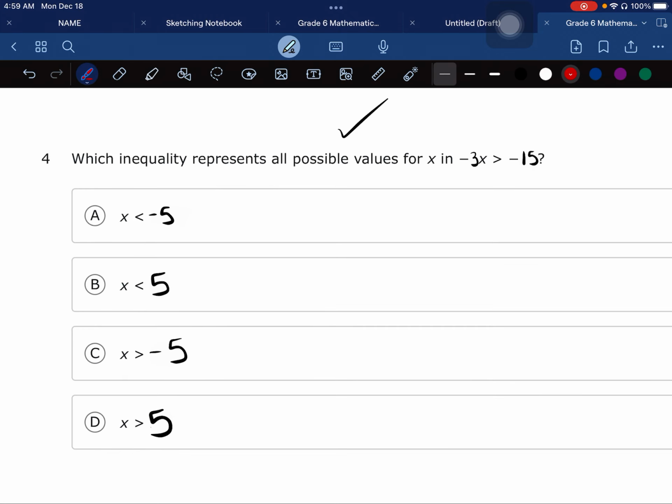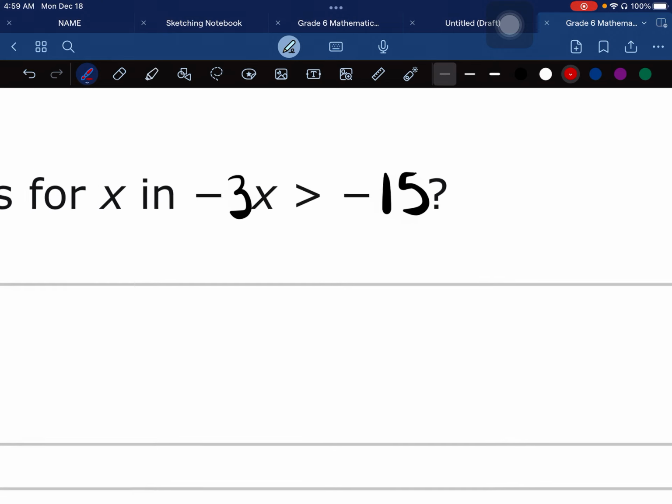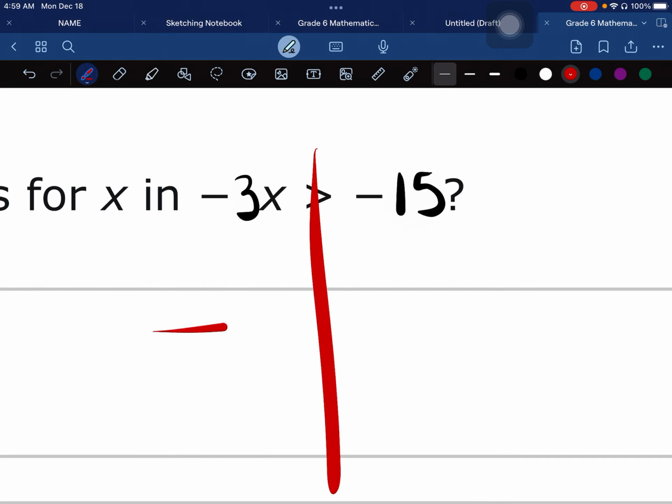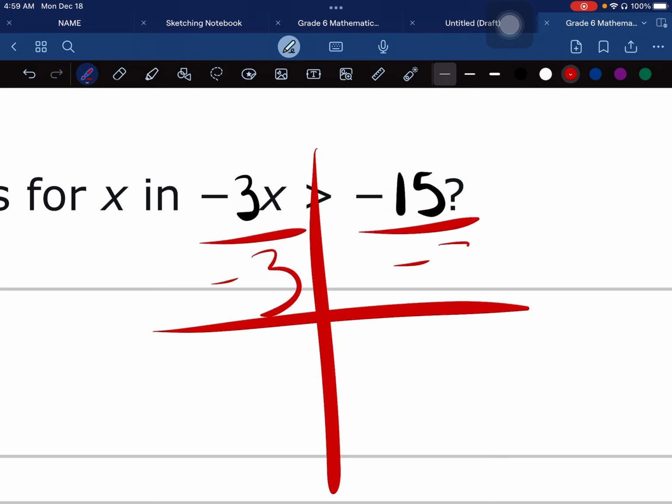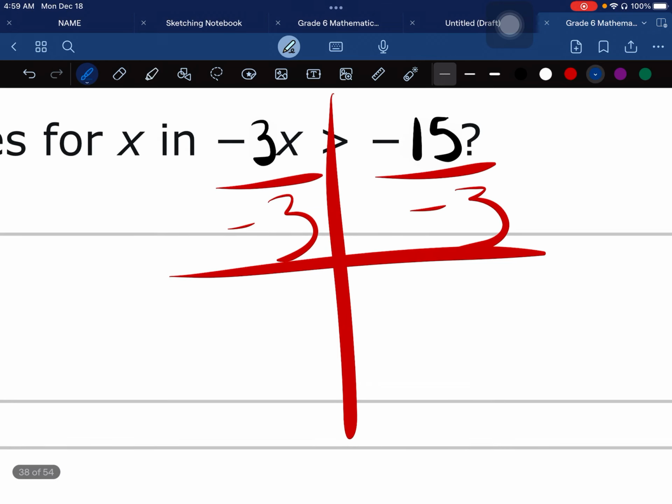Ahora, para el número 4, chicos. La número 4 es muy importante que sepan que cuando dividen o multiplican por un negativo, when you multiply or divide by a negative, what happens? We're going to flip the symbol.